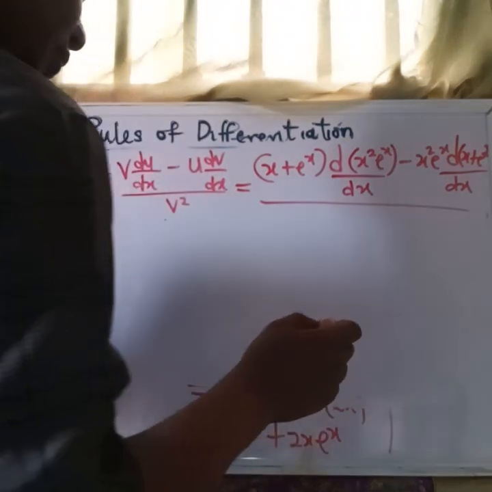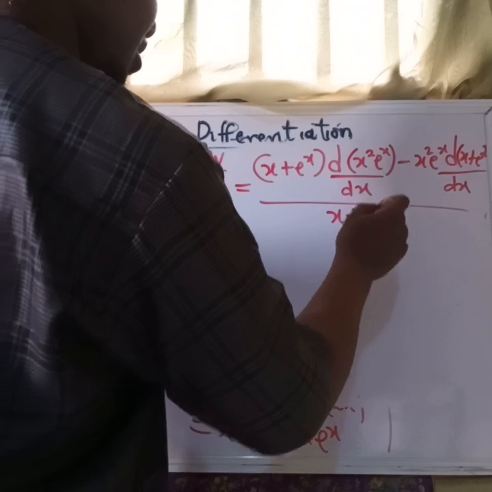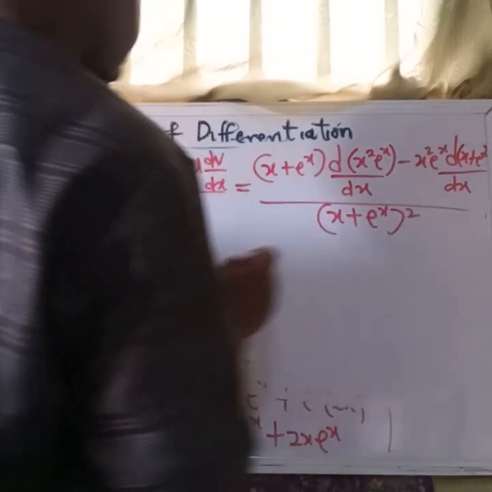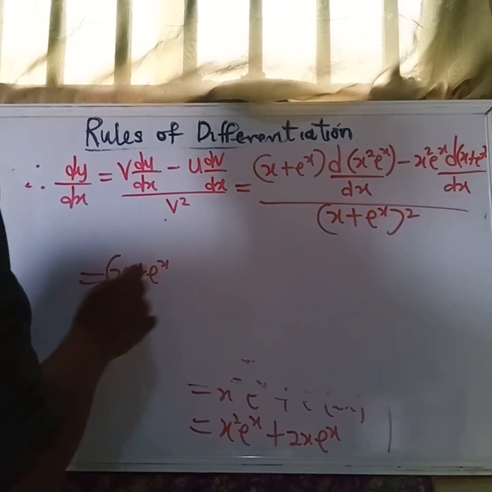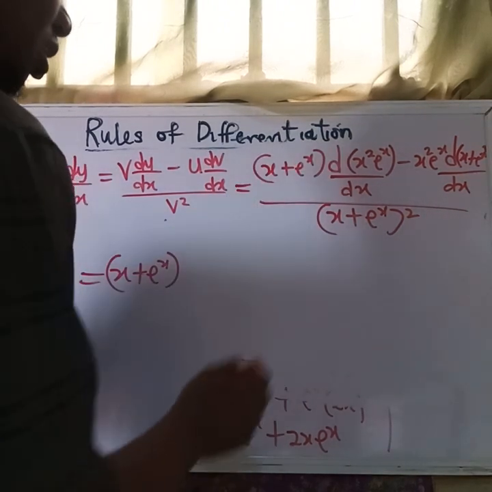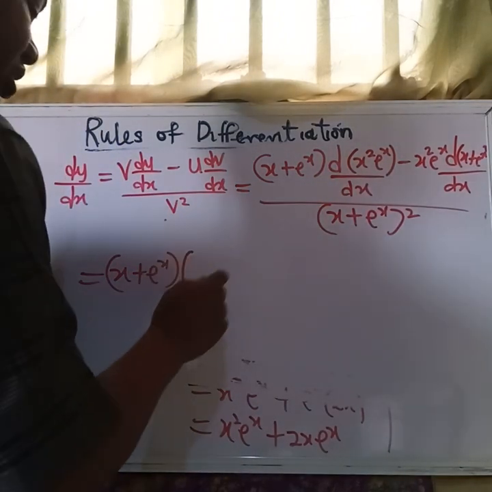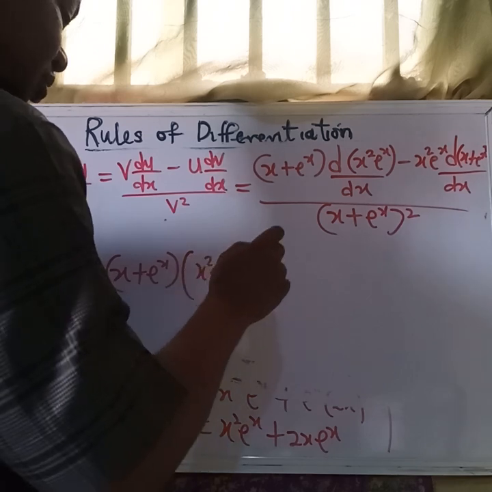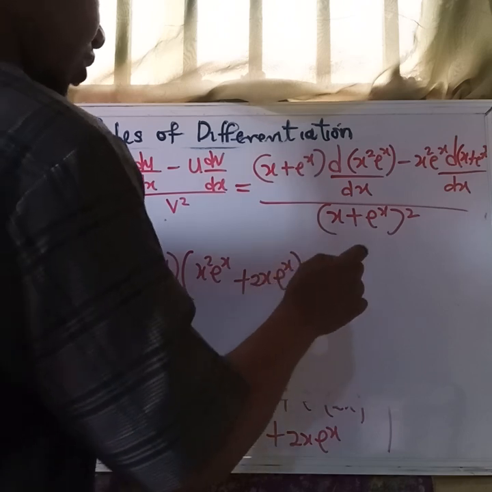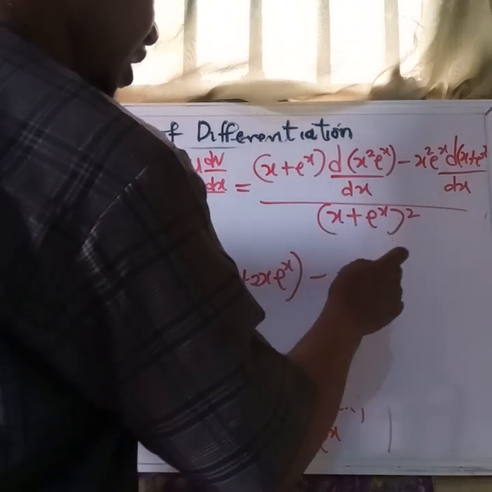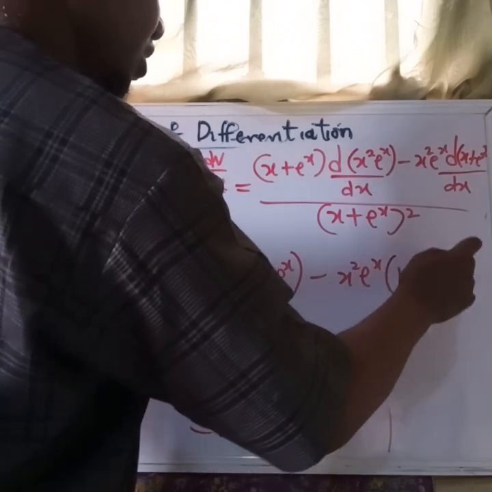We have said v is this. So accordingly, this will be x exponential x, and the derivative of this with respect to x is given as this, as we have said, x squared exponential x plus 2x exponential x, minus x squared exponential x into 1 plus exponential x.